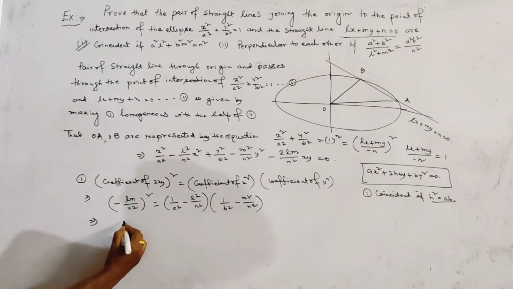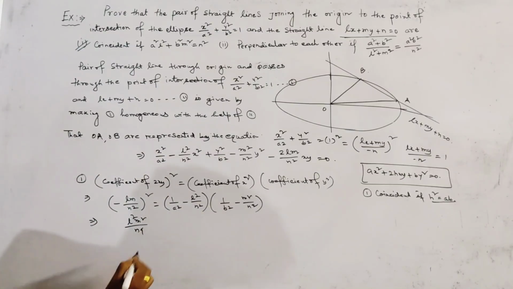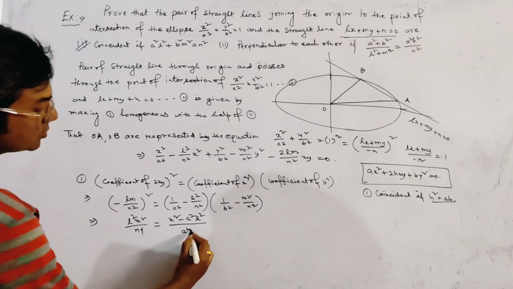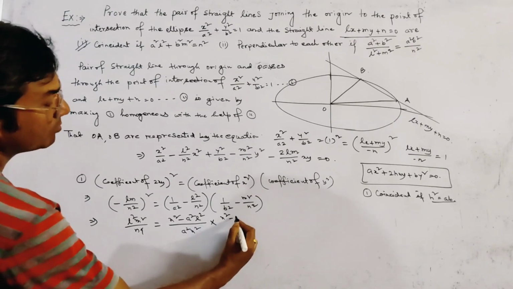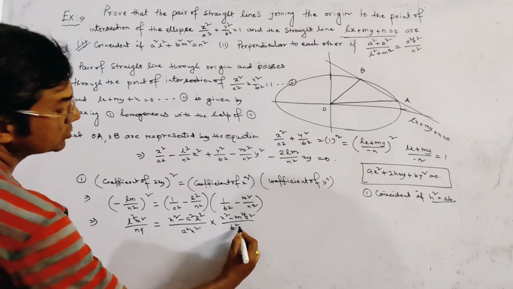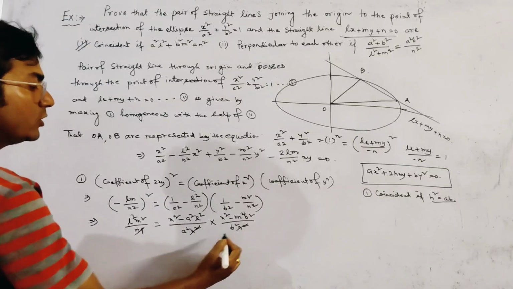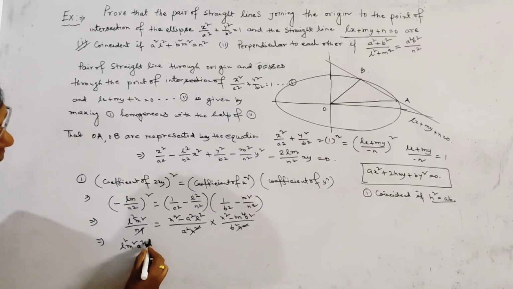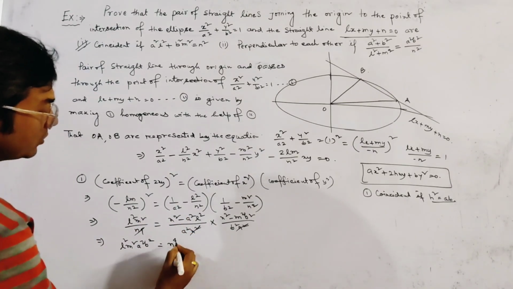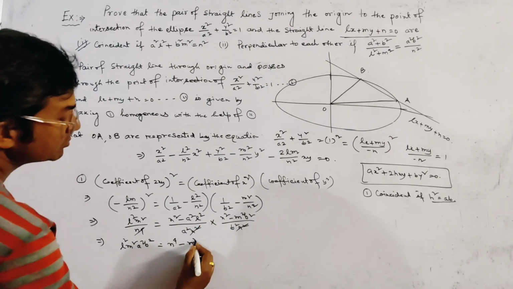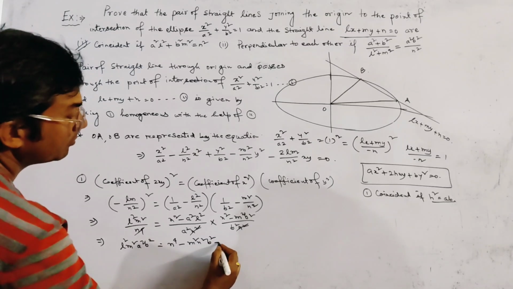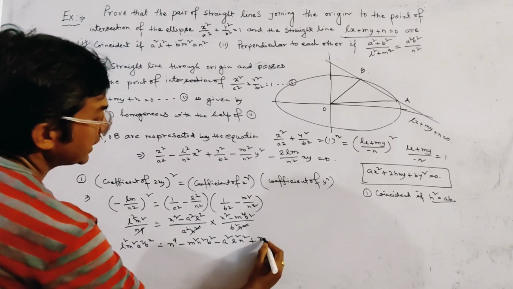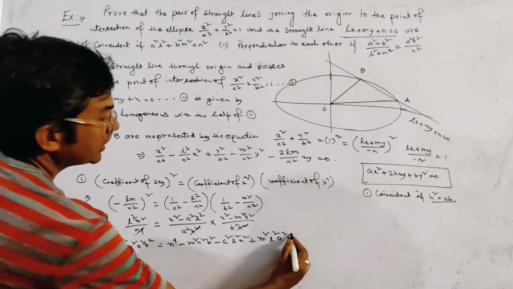Now calculating the result, we get l square m square by n to the power 4, and the right side is n square minus a square l square by a square n square into n square minus m square b square by b square n square, and n to the power 4 cancels out, so we get l square m square into a square b square on the left, and the right side is n to the power 4 minus m square n square b square minus a square l square n square plus m square l square a square b square.